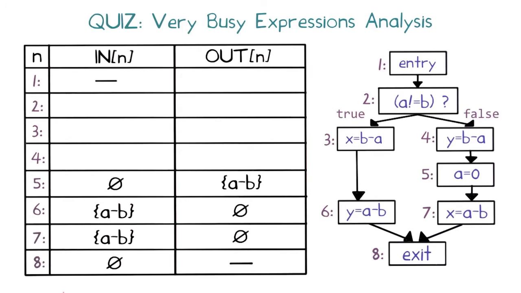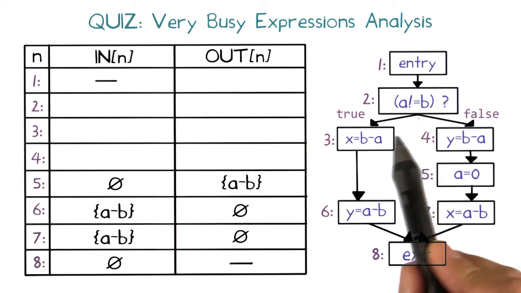Fill in the blank entries in the table with the final values of the corresponding in and out sets computed by the chaotic iteration algorithm for very busy expressions analysis. Keep in mind the two operations that the algorithm applies to each node. The first operation states that the out set of a node is the intersection of the in sets of its immediate successor nodes.